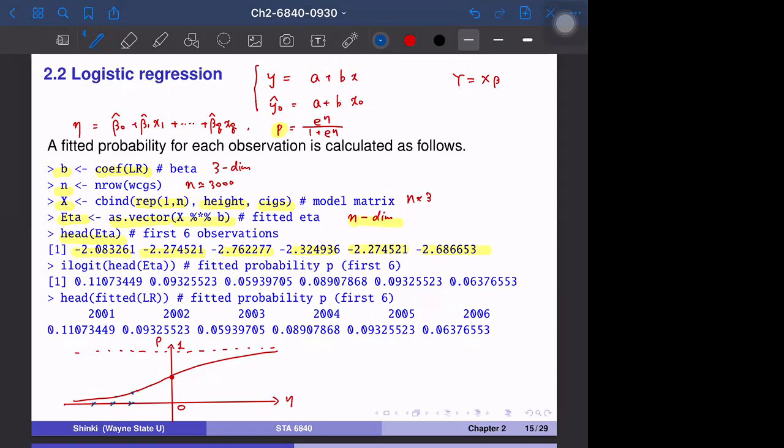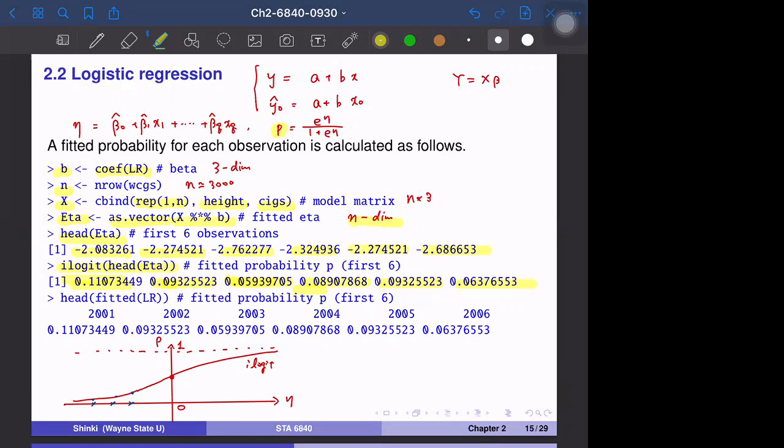The corresponding P will be a smaller number, you can imagine. This is called the inverse logit function. By using this inverse logit function, you can estimate the probability, P hat. The first 6 probabilities are 0.11, 0.093, 0.059, and so on, so it ranges from about 5.9% to 11.1%.